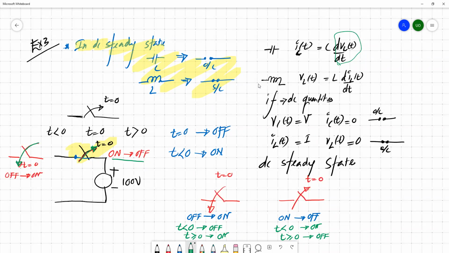So depending on the direction of this arrow, we can identify whether the switch was in on or off in the previous state, what happens to the switch at the current position, and what happens to the state of the switch in future. Keep in mind, everything depends on the direction of this arrow. Hope it's clear.